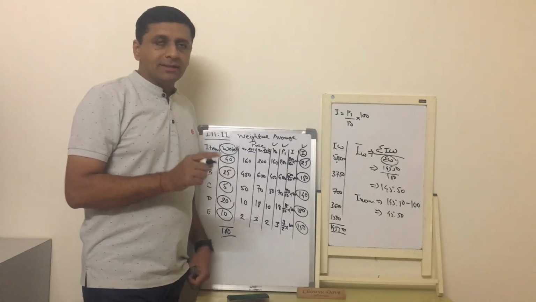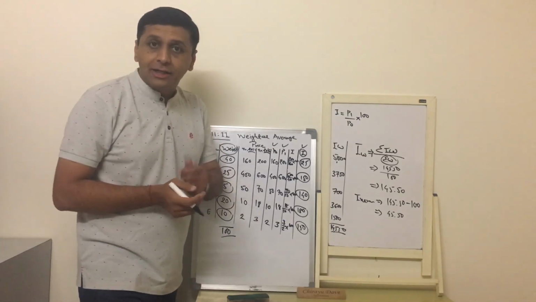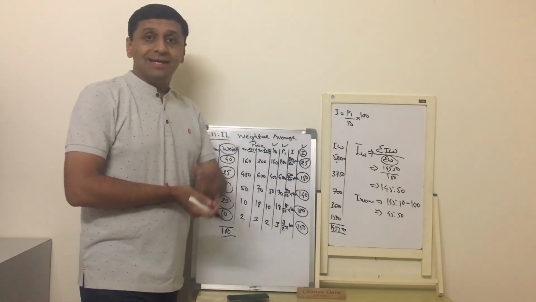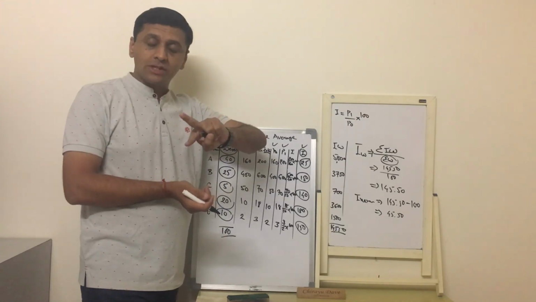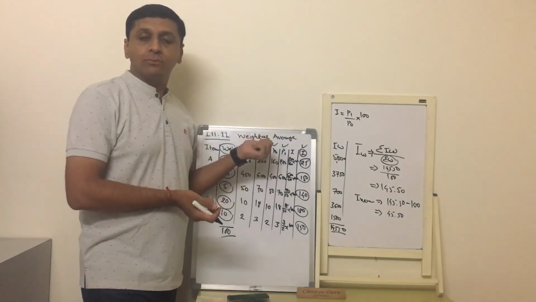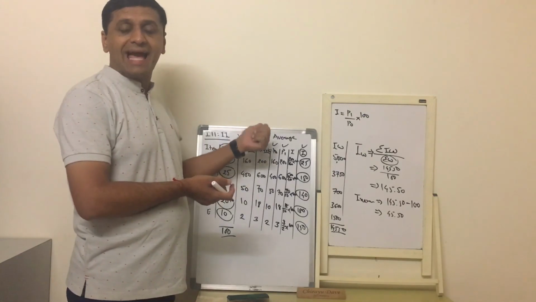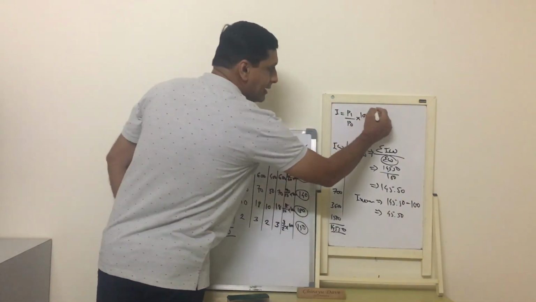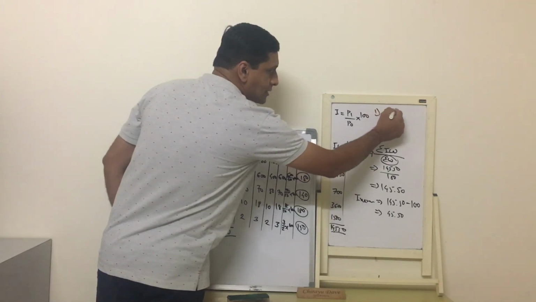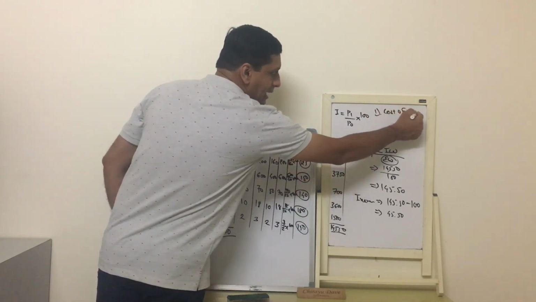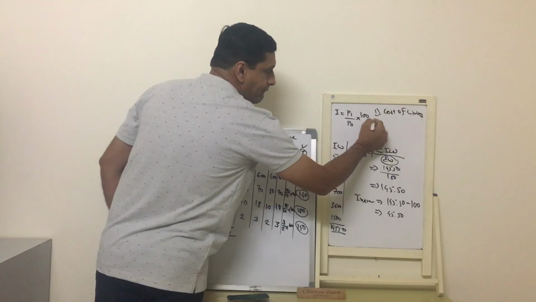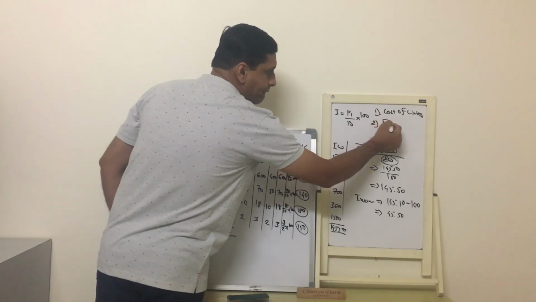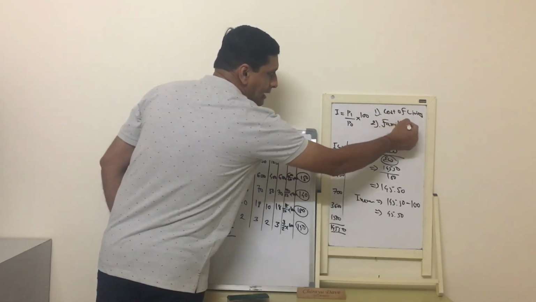I repeat, this method is also known by two other names. इसी मेथड को दो अलग अलग नामों से भी बुलाया जा सकता है. एक नाम तो आप बोर्ड पे देख रहे हैं जिसका नाम है वेटेड एवरेज इंडेक्स, और बाकी के नाम मैं लिख रहा हूं बोर्ड पे, जरा ध्यान से देखिए. इस मेथड को कॉस्ट ऑफ लिविंग इंडेक्स भी कहा जाता है, या फिर इस मेथड को फैमिली का बजट भी कहा जाता है.